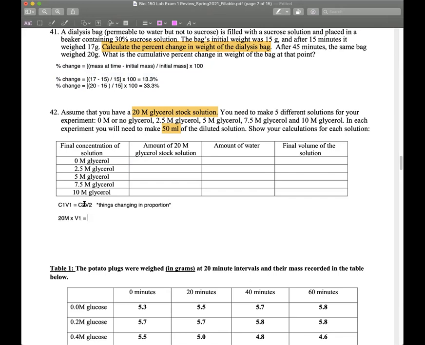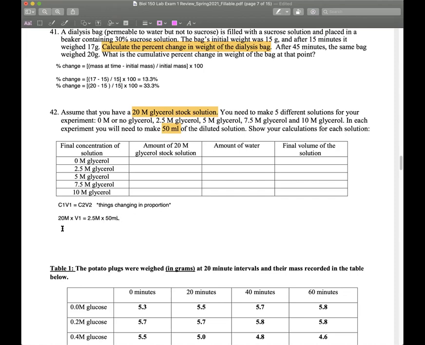C2 is the concentration we are trying to make. Let's start with the 2.5 because the 0 can kind of throw people off. V2, this is the volume of that final solution we want to make. It tells us right here we want to make 50 milliliters of solution.